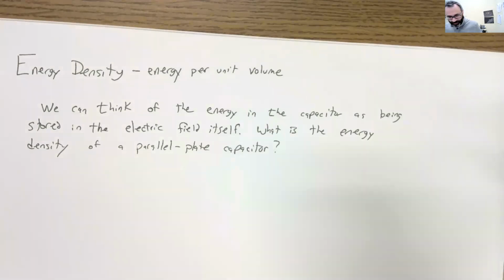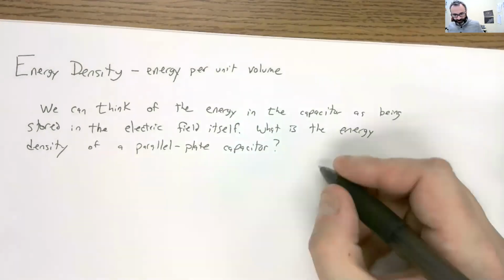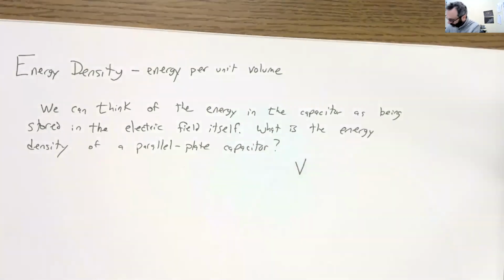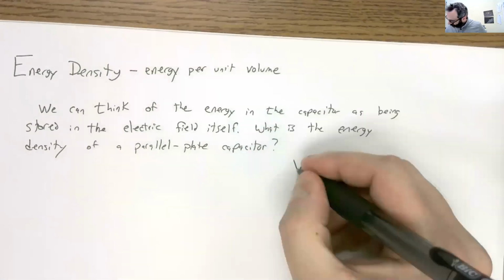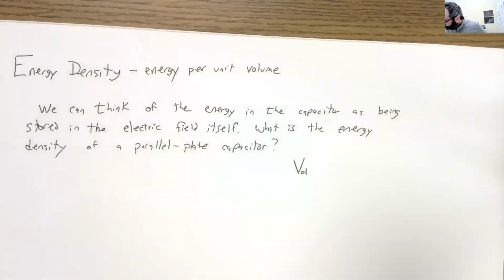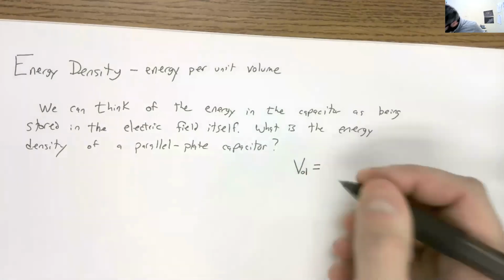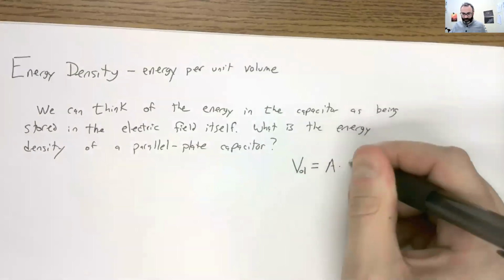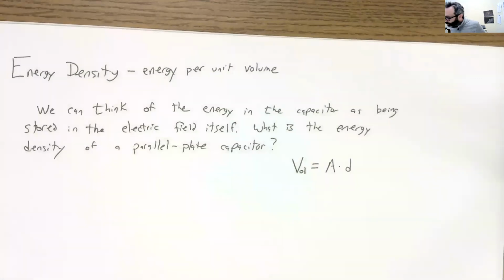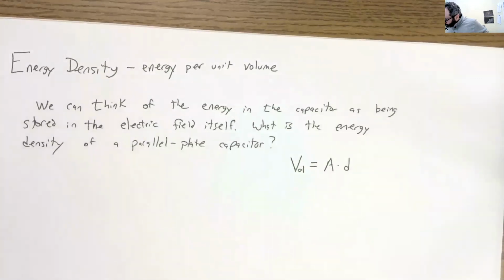We have to be a little bit careful because voltage, potential, is capital V, and volume is also capital V. So I'll be specific and write vol for volume. Volume is just the area of the plates times the distance between them. So we definitely need to know that.